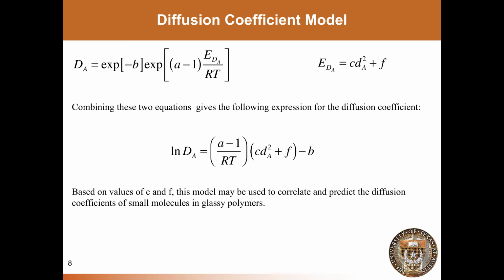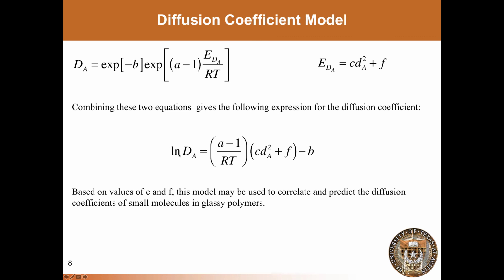It's interesting, one can actually make an estimate of a model from the previous model of activated state diffusion theory, where we've used the linear free energy model to replace D0 by the A and B parameters. And that can be combined with the model shown here that relates ED to the square of the penetrant diameter.